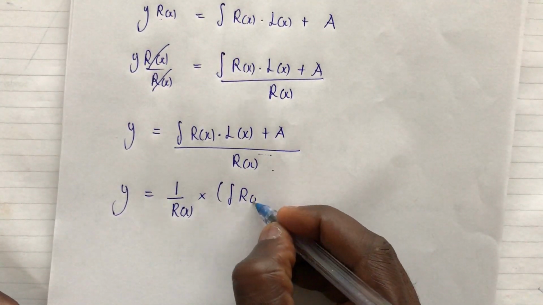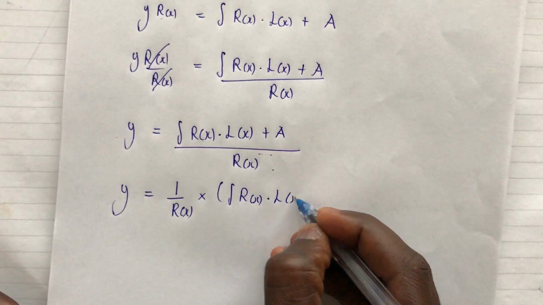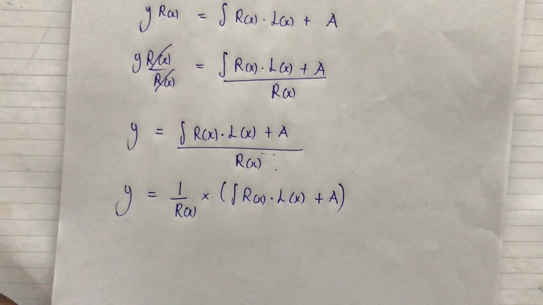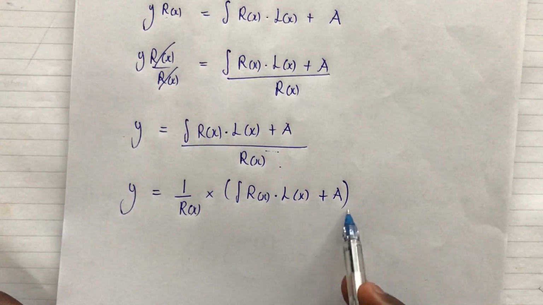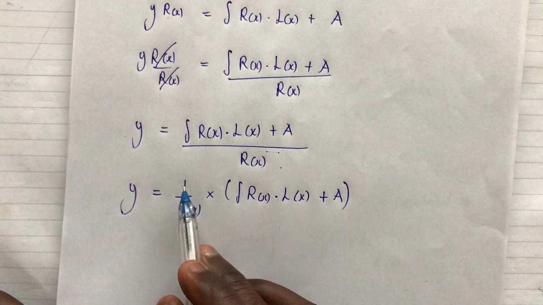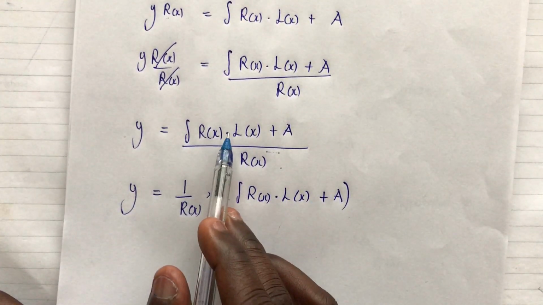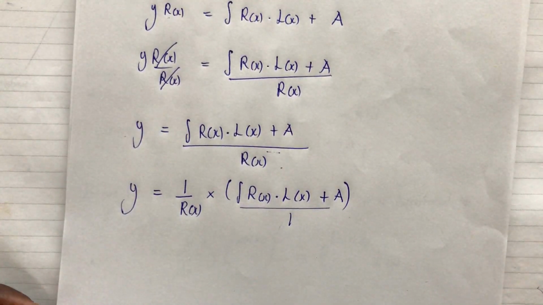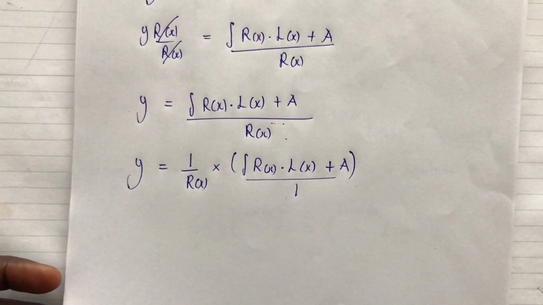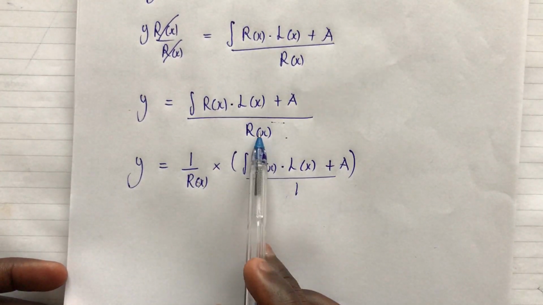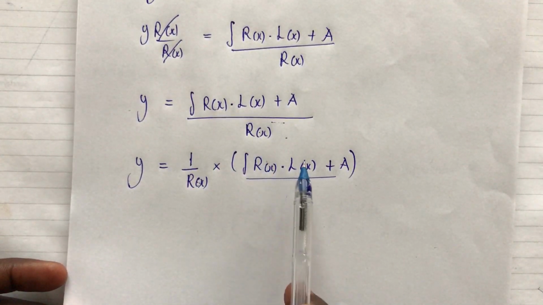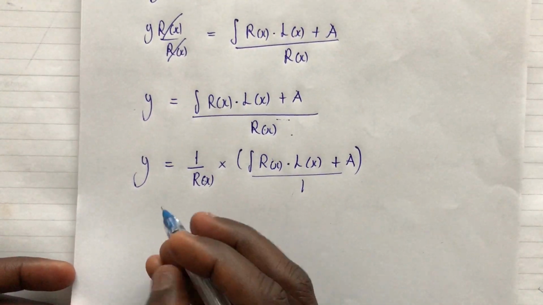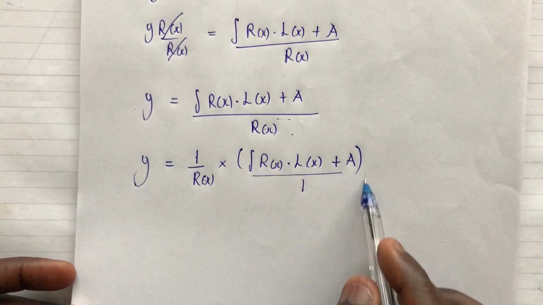Integral of R of x times L of x plus a. So we get it. So now this is now divisible by 1. So 1 times the numerator will give us this. And then let me put this down here. I'm just trying to explain for you to get the concept very well. So this time this will give us this. This time this will give us what? That.